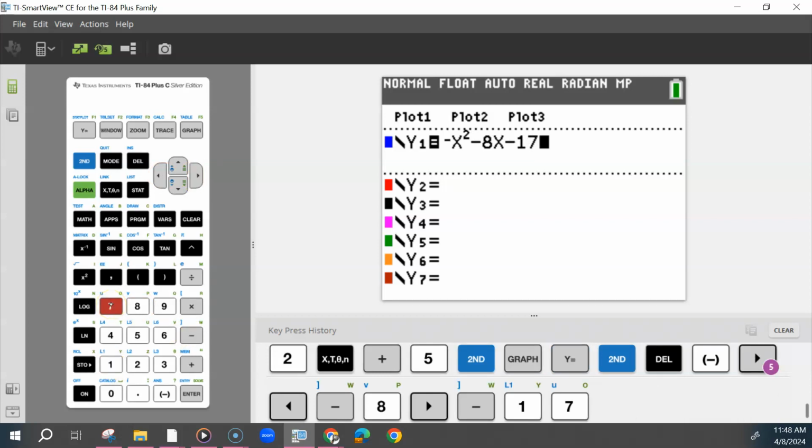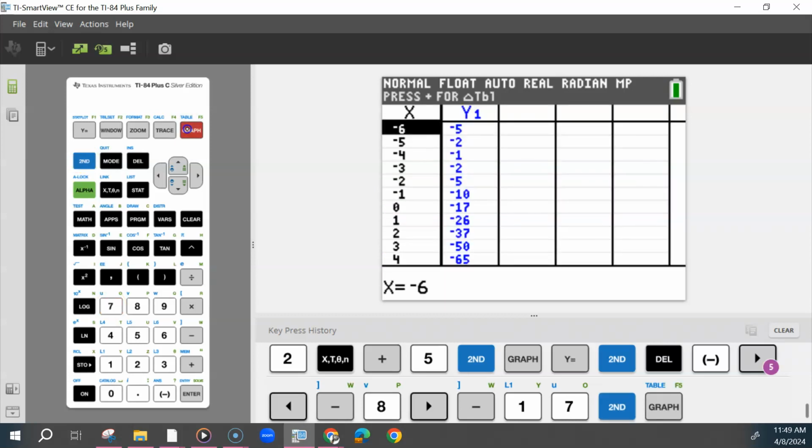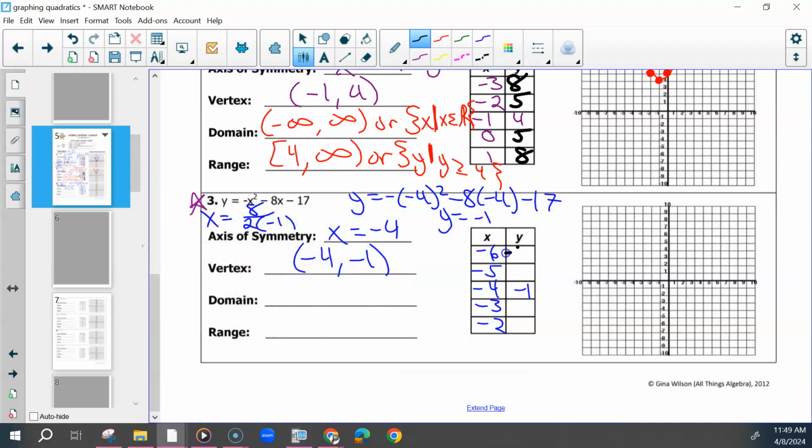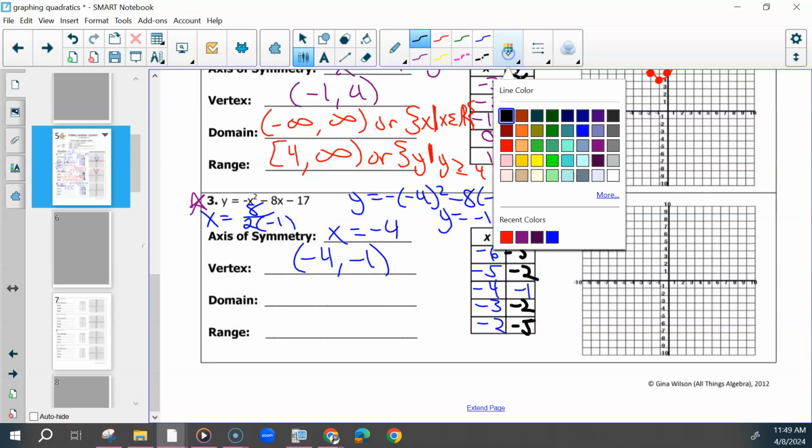And then go into the table and find those values. We have negative 5, negative 2. Plot those points.